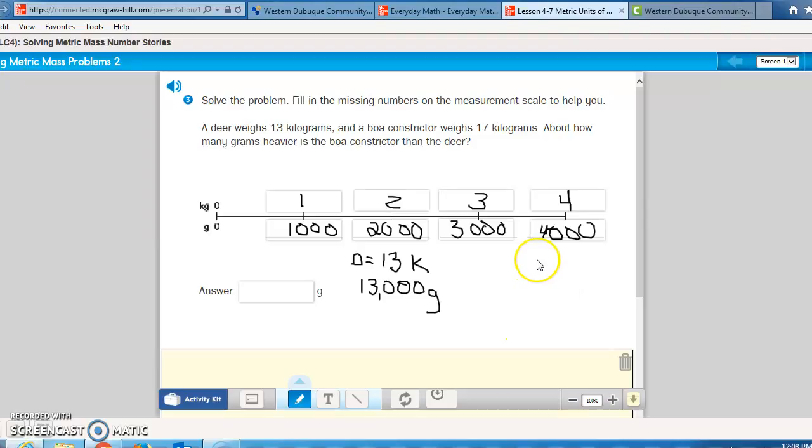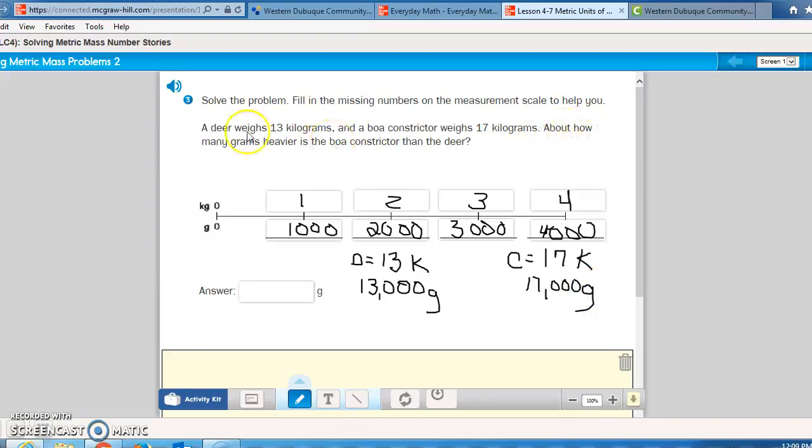And if the boa constrictor, which I'm going to mark as a C for constrictor, equals 17 kilograms, I know to take 17 times 1,000 to convert it to grams, so it's going to equal 17,000 grams.